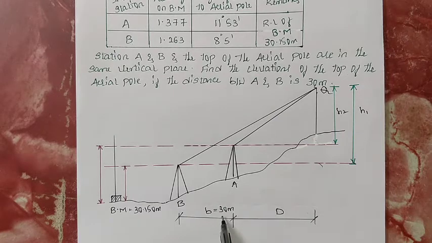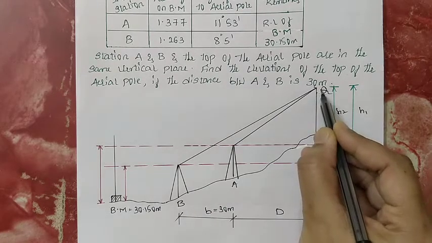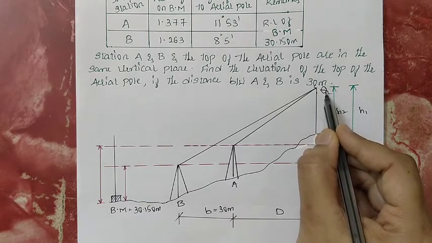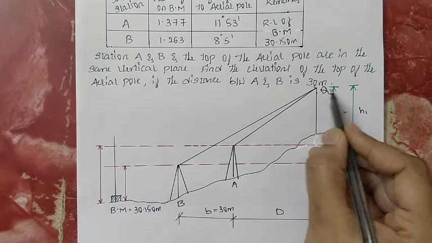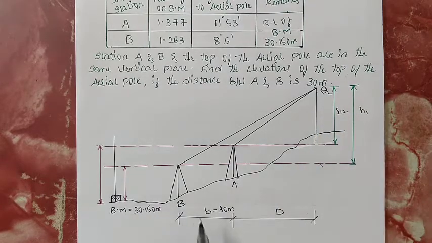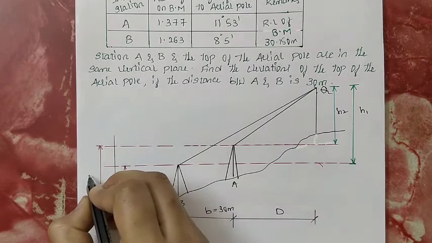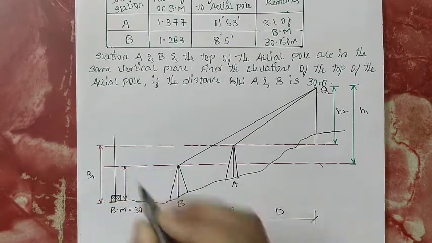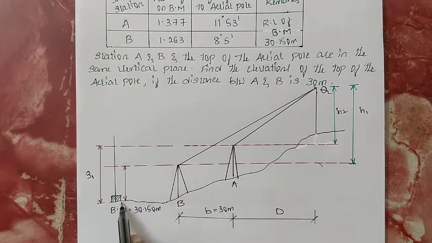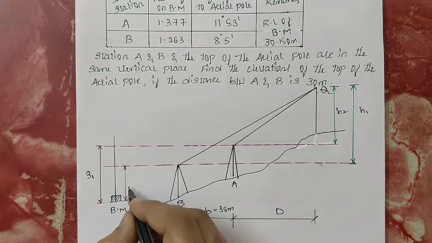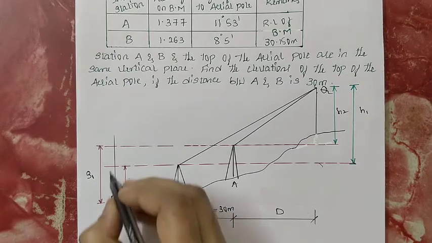Distance between A and B is 30 meter. You need to calculate the elevation of the aerial pole, that is Q. The staff reading on the benchmark when the instrument is at A, call it S1. Similarly, the staff reading on the benchmark when the instrument station is at B, call it S2.